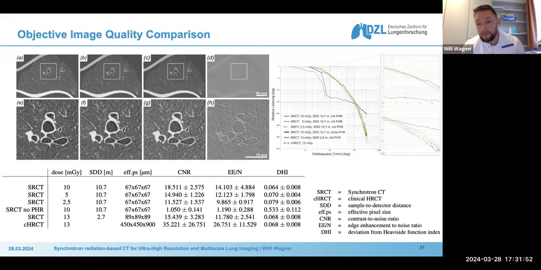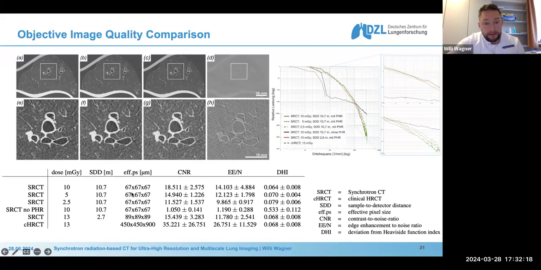So we wanted to find out what's the actual dose within the scanned lung region. And we used many TLDs and implanted them into the lung or the sample and put them into the synchrotron beam and also into the clinical CT while we did our scanning.